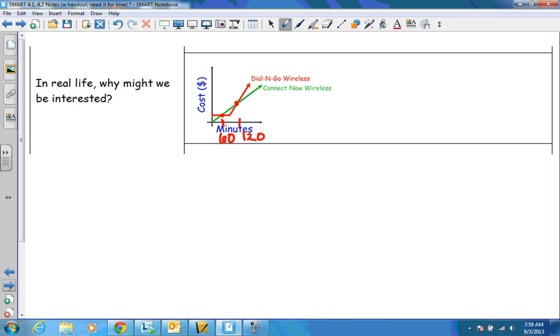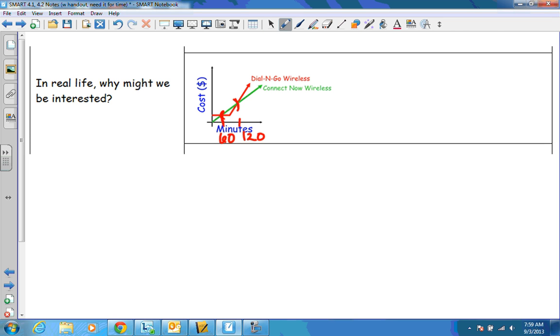Connect Now is now more expensive, it's got a higher cost. If you talk a lot, you're going to then want Dial and Go. It looks like they cross each other. Well, they are crossing each other. So wouldn't you want Connect Now since it's going to be cheaper the whole way? Okay, so from here to here, do you see how Connect Now is above?